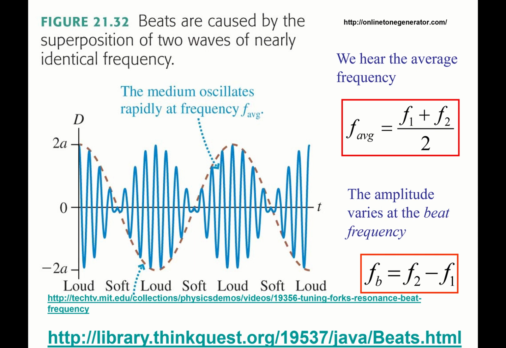If it's different by 1 hertz, it's going to get loud and quiet 1 time a second. So this is why orchestras make sure they all tune up so that all the instruments are exactly in tune. Otherwise, when two different violins or two different other instruments play a sound at the same nominal frequency, you'll hear beating, you'll hear the intensity going up and down.